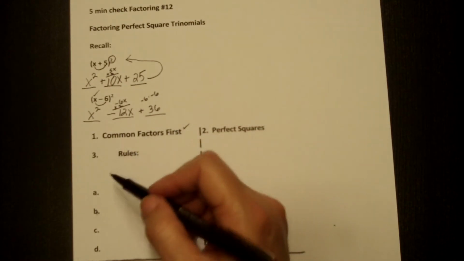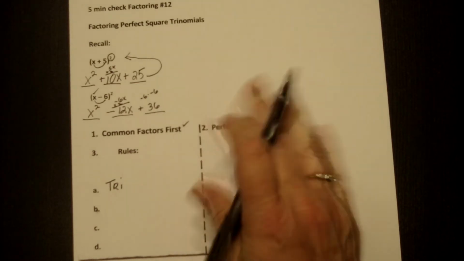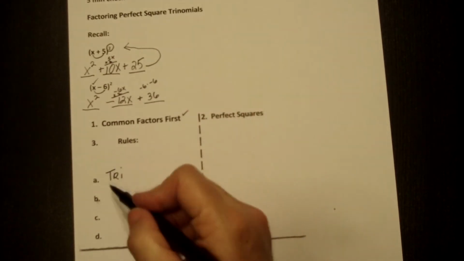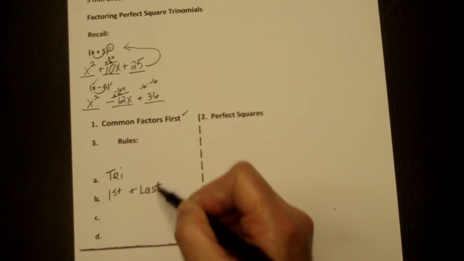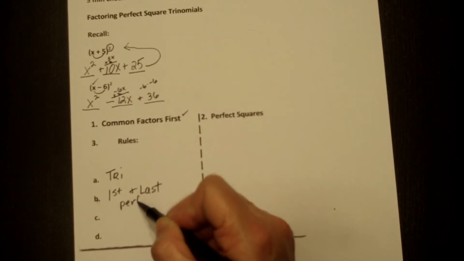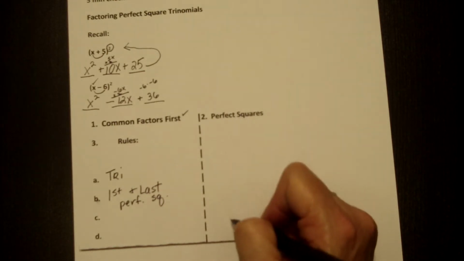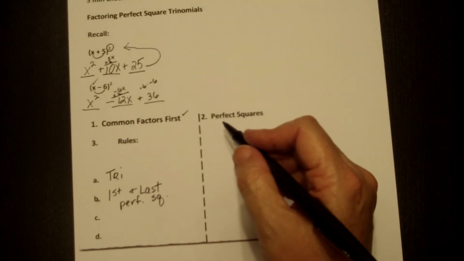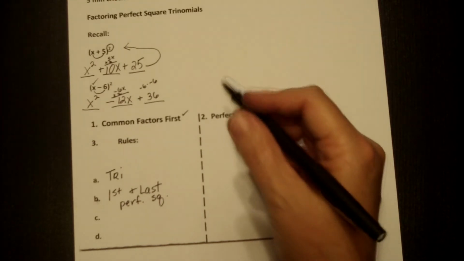All right, so our rules this time, we're going to be looking at, first of all, a trinomial. Your first and last terms have to be perfect squares. And of course, we made our perfect square list on our other sheet. And just to refresh your memory, I'll just write down some of the perfect squares that we had before.